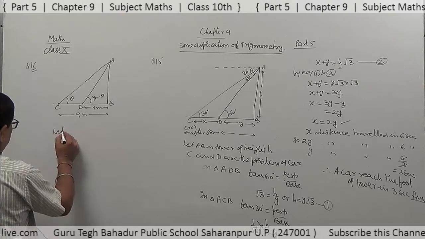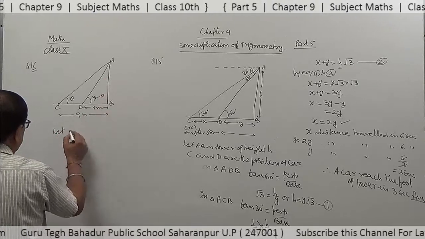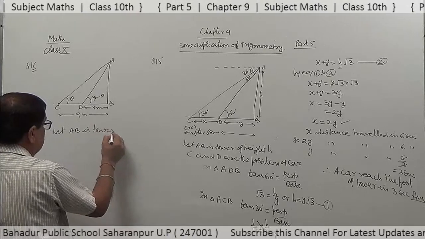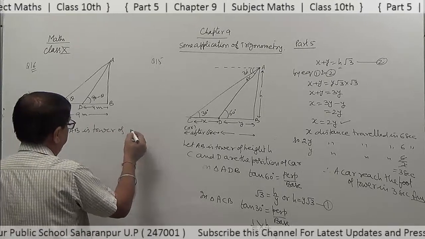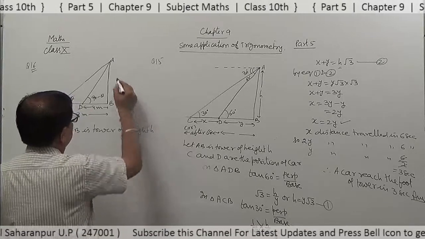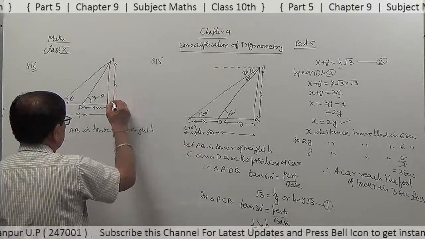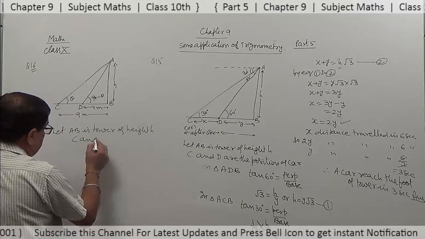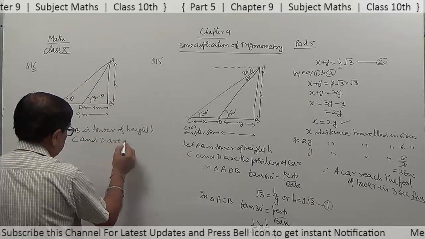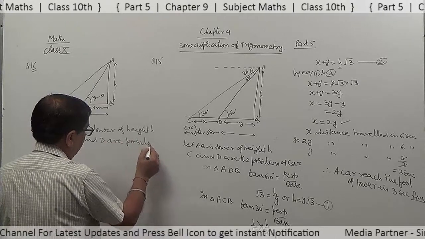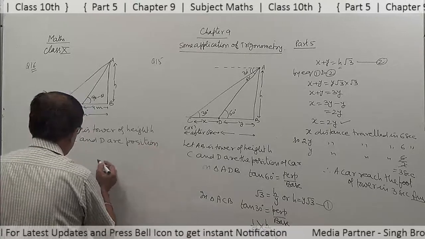Let AB be the tower of height h, C and D are the positions of the points.